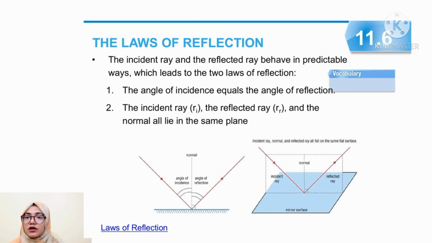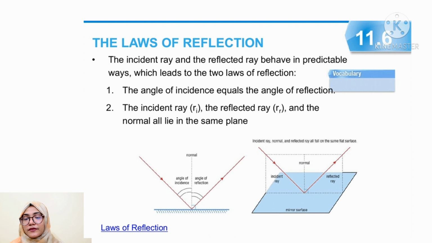Discuss two topics, that is, laws of reflection, and regular reflection and irregular reflection. First of all, I will discuss the laws of reflection. There are two laws of reflection. Number one, the incident ray, the reflected ray and the normal ray at the point of incidence lie in the same plane.